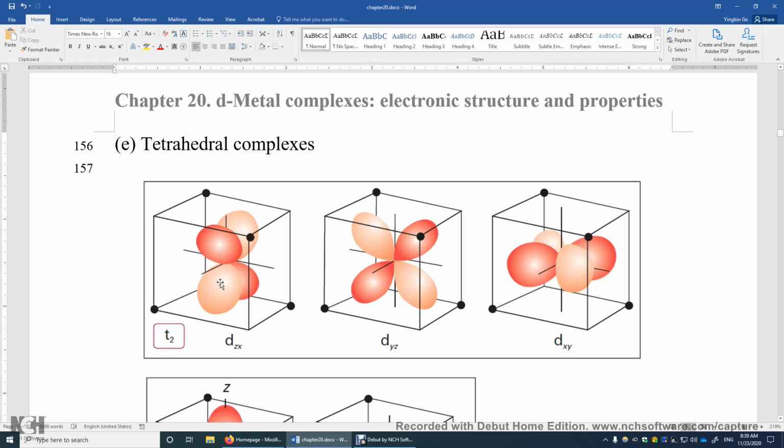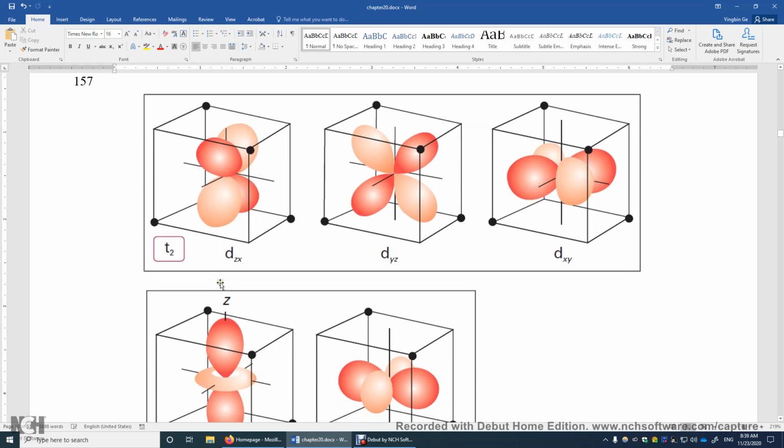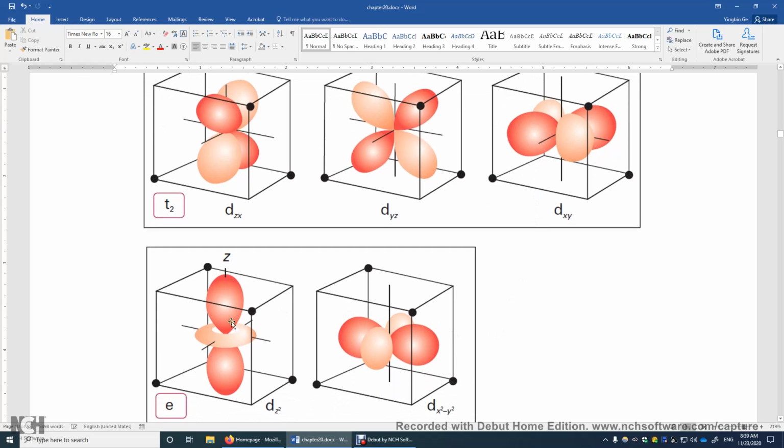Now let's look at the d orbitals. There are 5 different d orbitals. dzx, dyz, dxy. They belong to this T2 symmetry species in the tetrahedral point group. These 3 have the same energy. Now let's look at these 2 orbitals, dz squared and dx squared minus y squared.